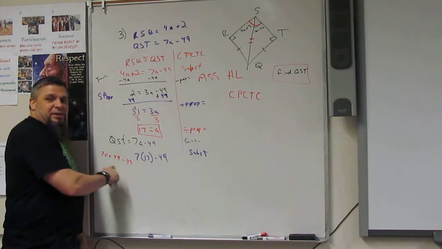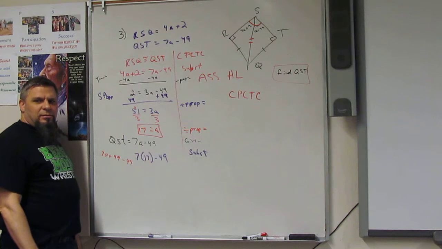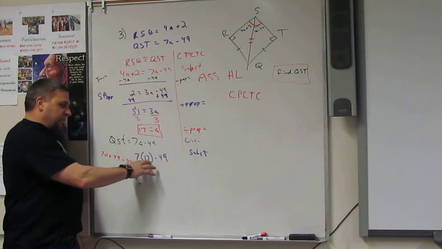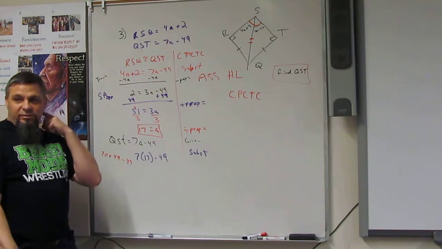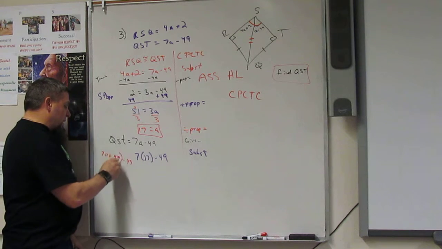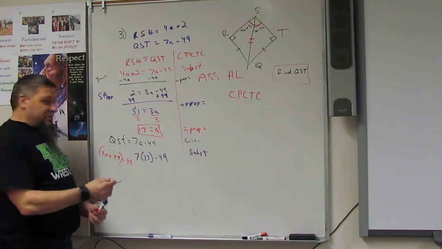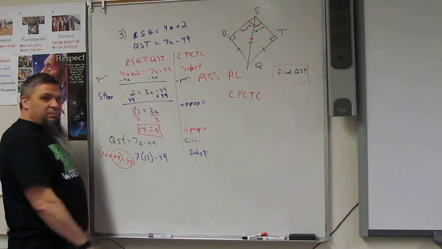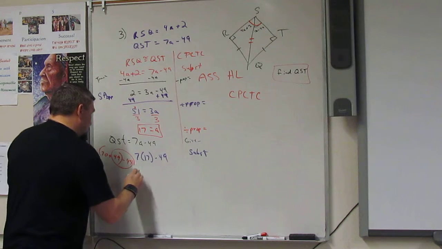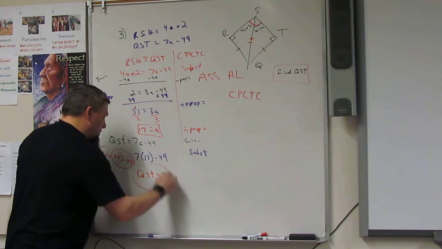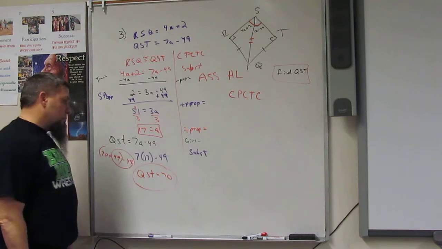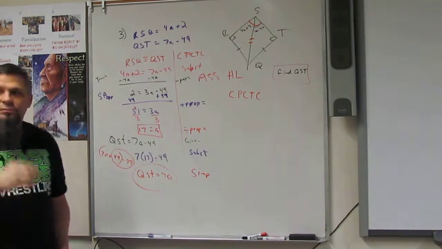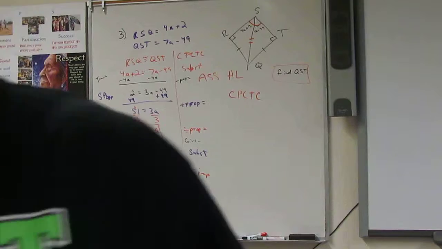How did I get 70 plus 49? 7 times 10, 7 times 7. Yeah, exactly. I kind of split up the 17 into two pieces, 10 and 7, right? And it kind of went nicely for me because now all of a sudden, I can see that these two are the same. So it ends up with QST equals 70. Okay, simplification. And we're done. That's 1, 2, 3 on the test.